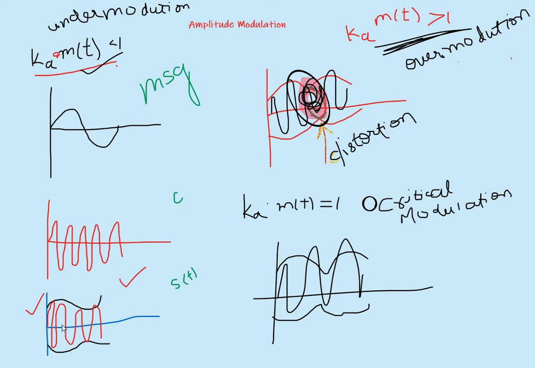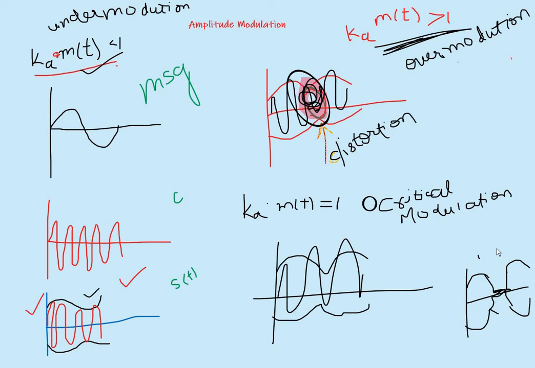In case of under modulation, when ka into m of t is very less than 1, then the signal we get will be something like this. This has ended, then after some duration this has formed. So we have a gap, a distance between two signals like this.